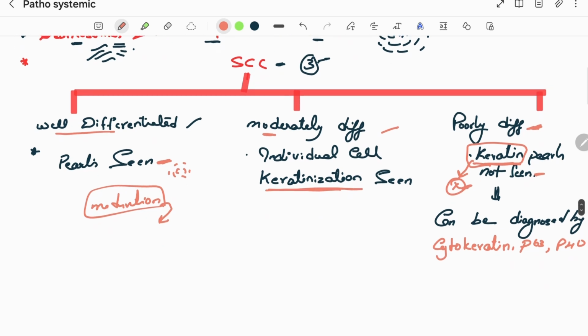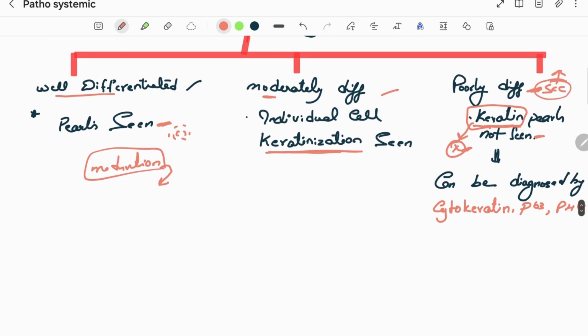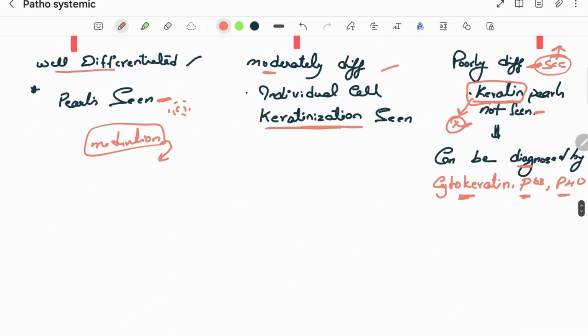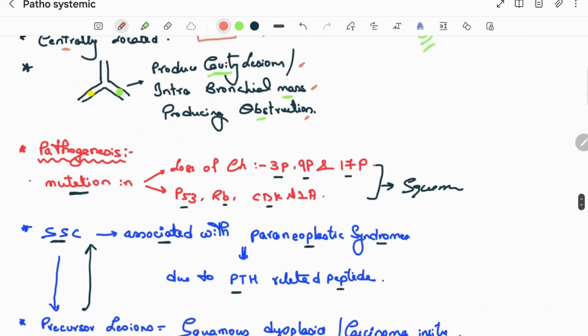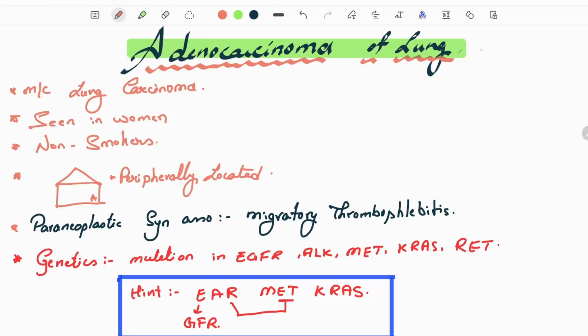So diagnosing poorly differentiated squamous cell carcinoma is very hard. To overcome this, we can diagnose it by cytokeratin, P63 and P40 markers. So, this is all about squamous cell carcinoma.